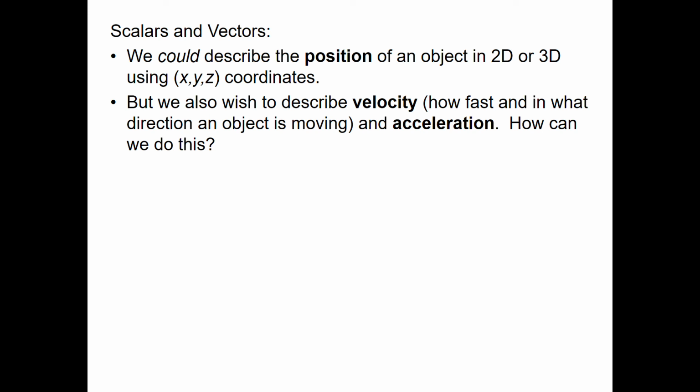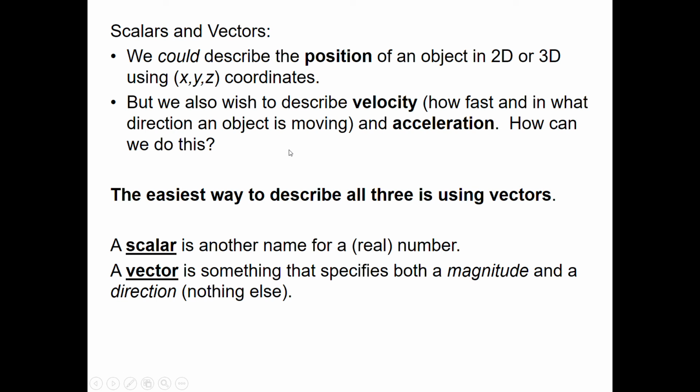Velocity means how fast and in which direction the object's moving. And the acceleration means how much and in which direction the velocity is changing. How can we do this? It's not obvious how to do that with x, y, z coordinates, but we're going to use vectors. So we can describe position, velocity, and acceleration all using vectors.